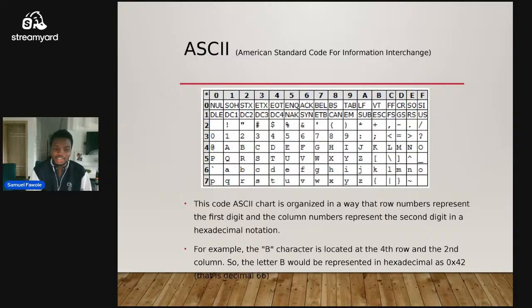And so, ASCII. For instance, when we type in three, we humans have decided to be familiar with decimal, and so we do our own mathematics and calculations using decimals.